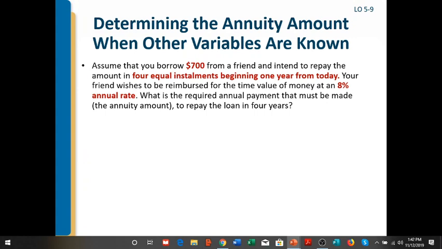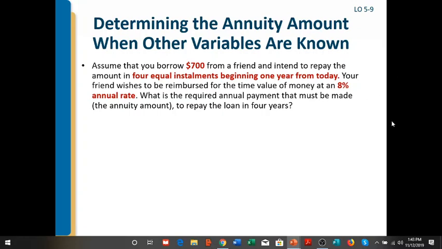Now, of course, you can figure out other variables. If you know three of the four variables, you can figure out the other variable, just like we saw in part A. So here, assume you borrow $700 from a friend and intend to repay the amount in 4 equal installments beginning 1 year from today.